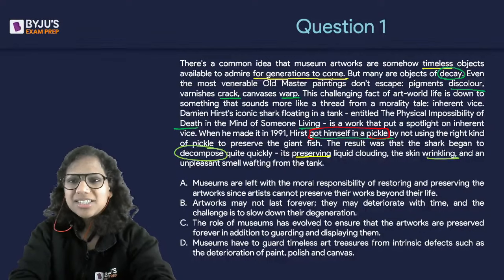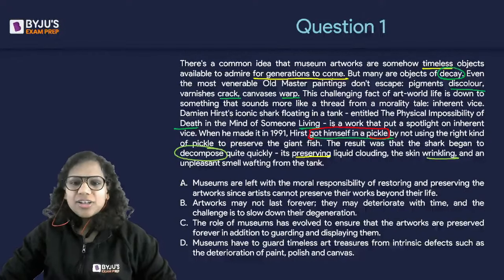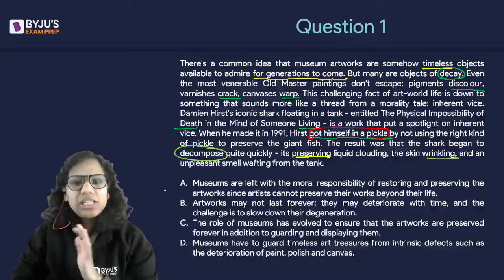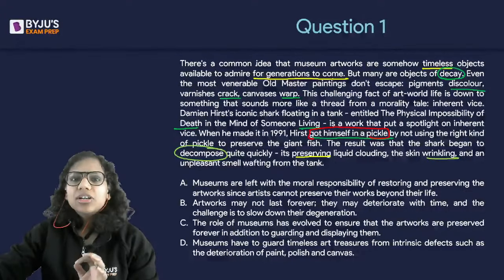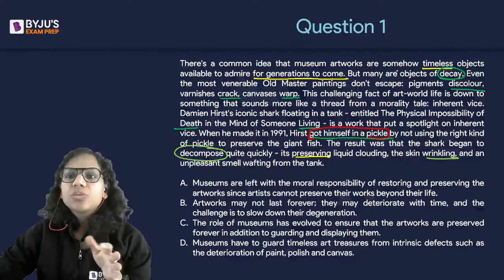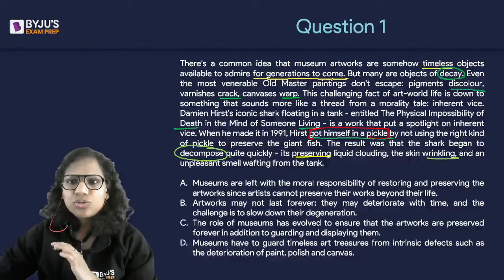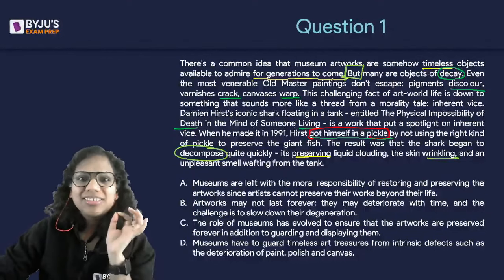Okay, let me discuss this then. Let's see how we can eliminate here. We said in the beginning that there is this common idea that museum artworks are somehow timeless objects available to admire for generations to come. Then there comes a but, right?